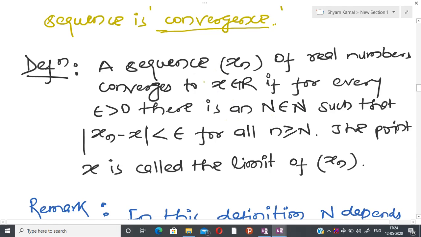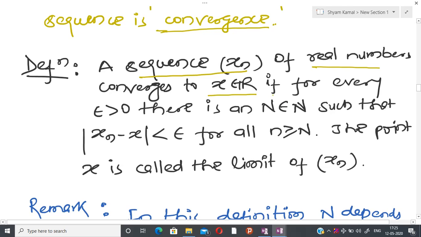So I am going to take again one sequence, and here I am assuming that whatever sequence I am going to consider, this sequence xn is a mapping from the natural number to some kind of real number. So it means that whatever space where we have defined the sequence, that is nothing but the real number. So I am hoping that after convergence, this sequence is going to converge to a real number again.